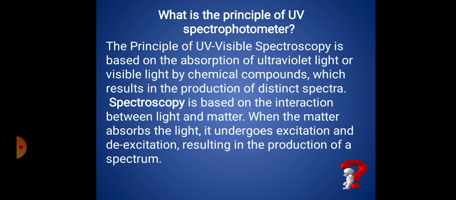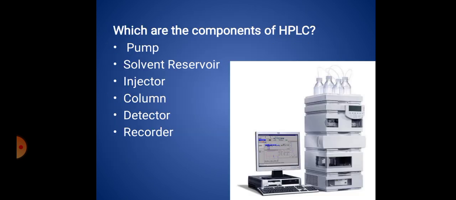Spectroscopy is based on the interaction between light and matter, and when the matter absorbs the light, it undergoes excitation, and the excitation resulting in the production of a spectrum. So this is the answer for this question.